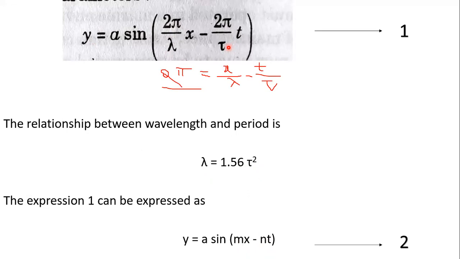If you take 2A instead of A, it is the height from crest to trough. These are the formulas we have to remember.